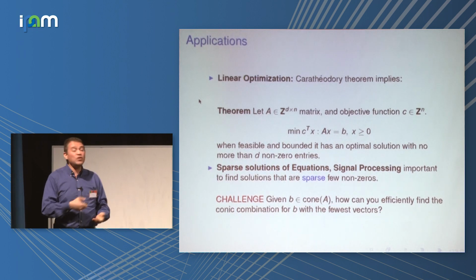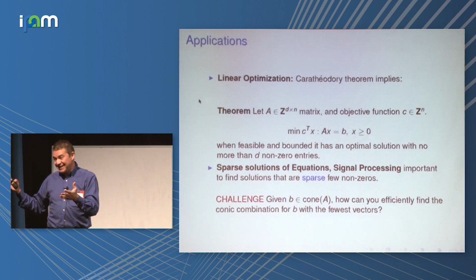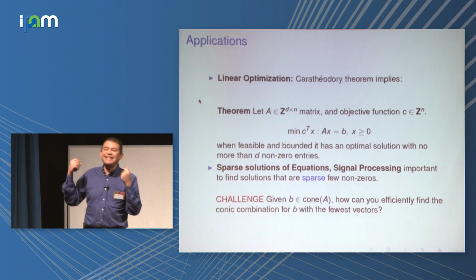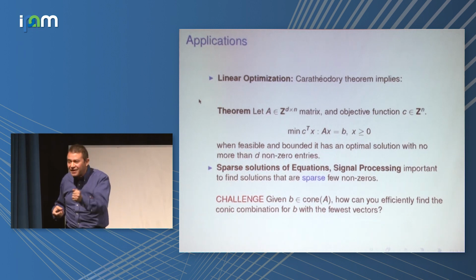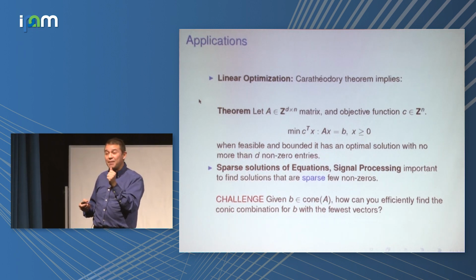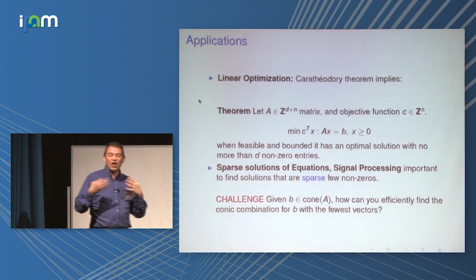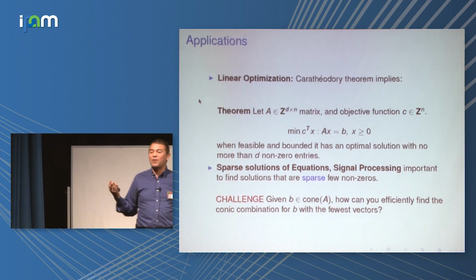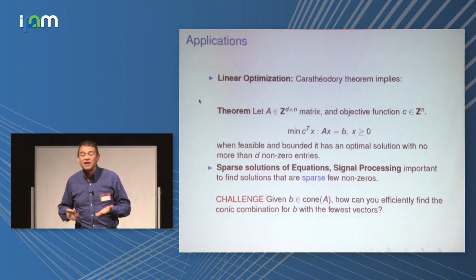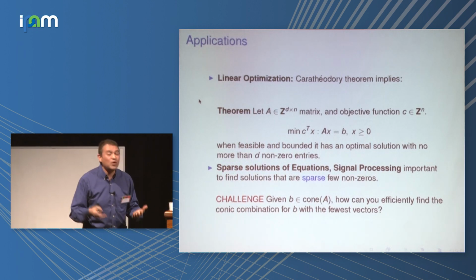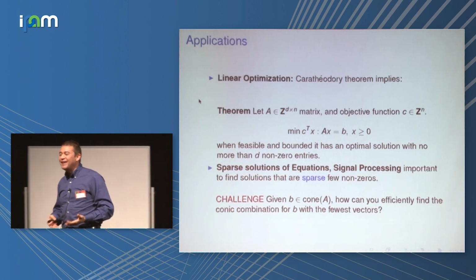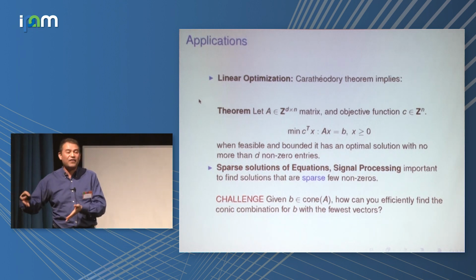In this case, I gave you the upper bound d. It's an upper bound, but if you insist on finding the sparsest solution, that's actually an NP-hard problem. And so a lot of the work that goes into signal processing requires finding sparse solutions, because if you're a toddler and you are taking an MRI, you don't want to have the toddler sit there for half an hour.